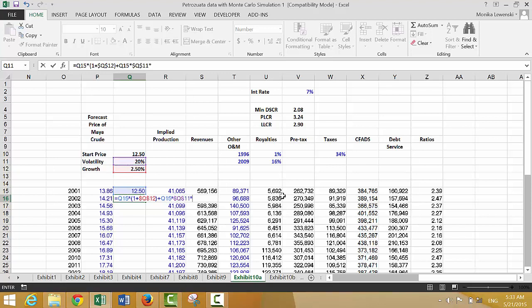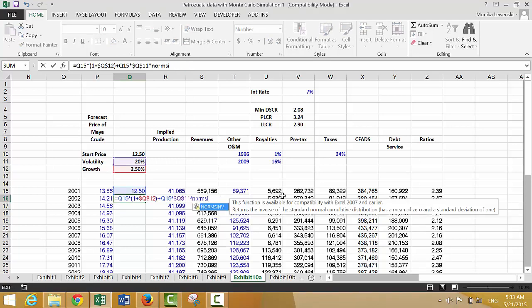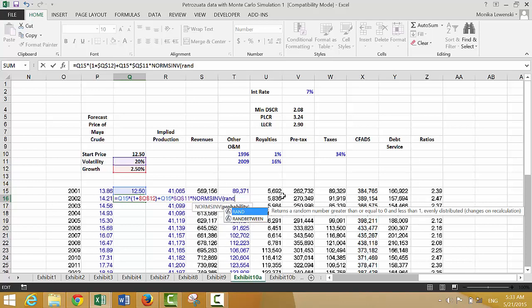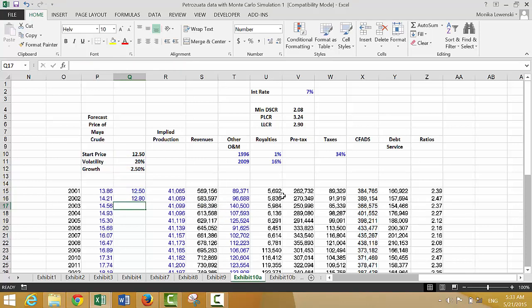And then you multiply it by a normal distribution, NORM.S.INV, and then you put a random number. Then double click, and this gives you your oil price.